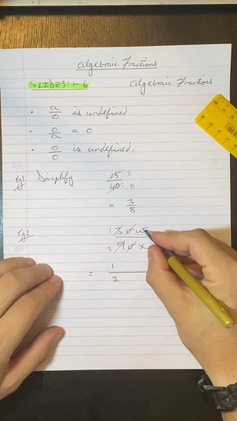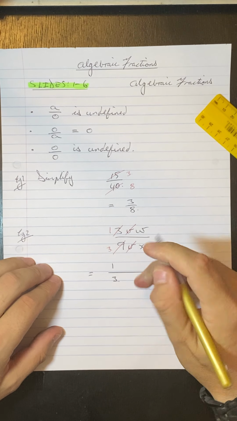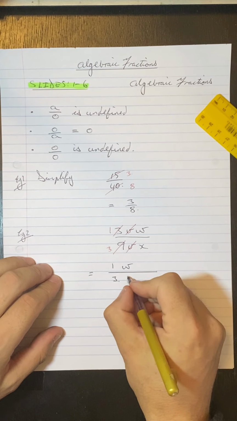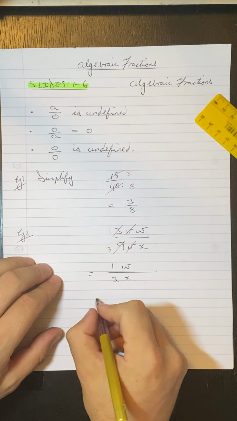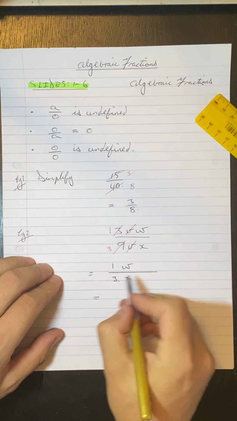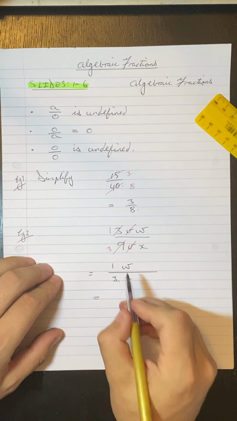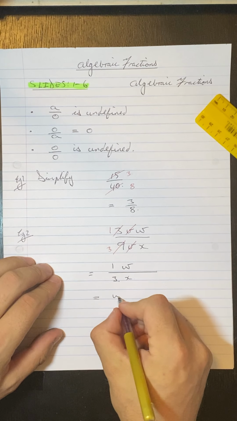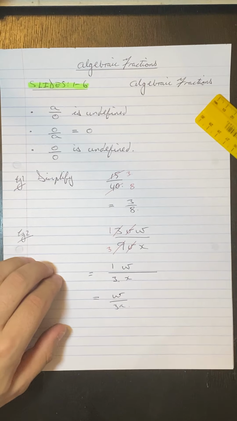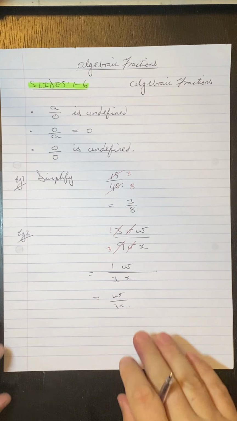Now, W will not cancel with the X, as they are not like terms. So we're left with a W at the top and an X at the bottom. And what I can do is just take this a little bit further to put it in its simplest form. 1 times W is W, over 3 times X is just 3X. And that is our simplest form.